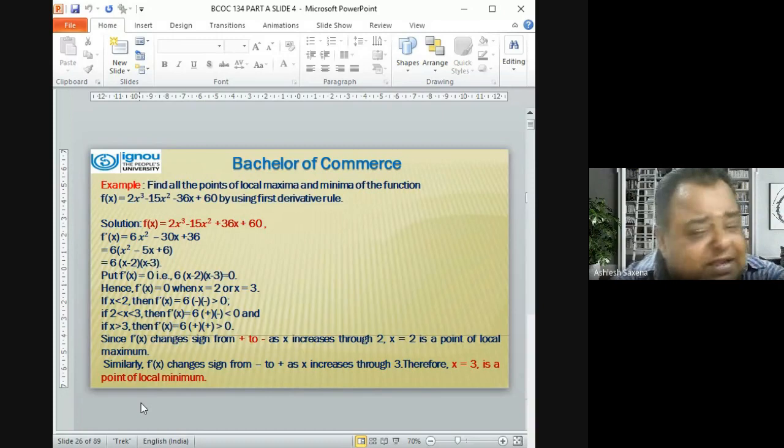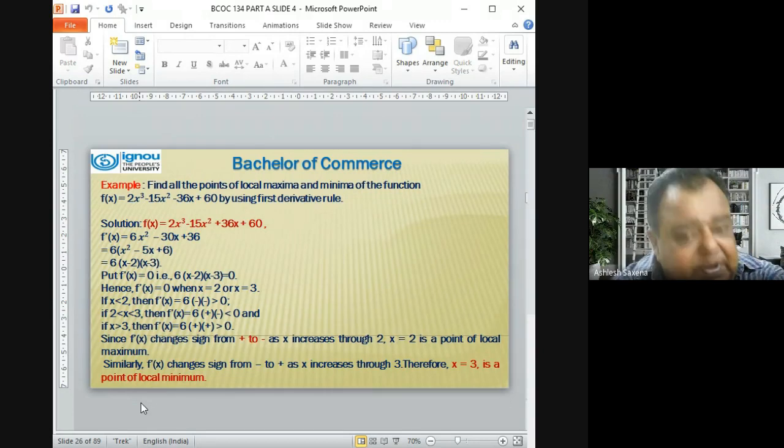We can take 6 common from it, so we are left with x^2 minus 5x plus 6. This is a quadratic function, so it can be factorized by breaking up the middle term. So you are going to get 6 times (x minus 2) into (x minus 3).